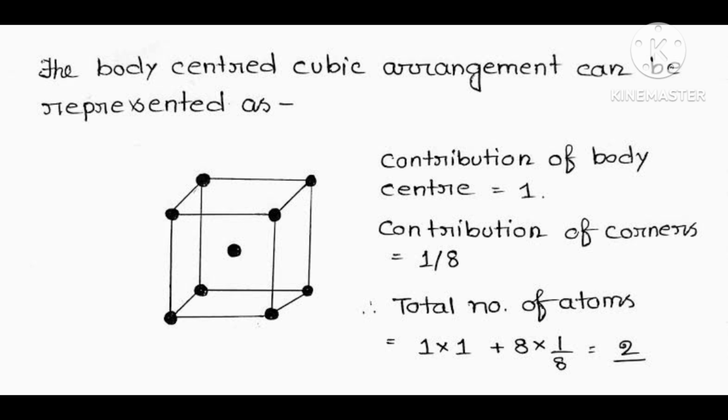Then A type arrangement, B type, again A type arrangement, again B type arrangement, correct. This type of arrangement can be done. I think now you are understanding what I wanted to tell, the arrangement.